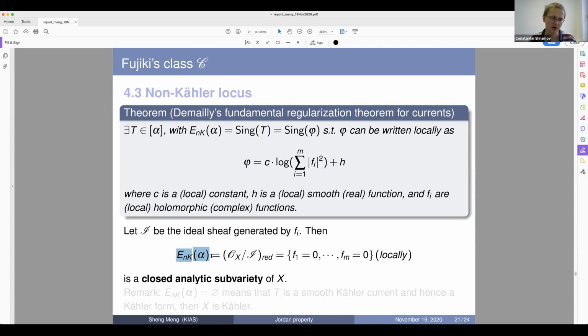Can it, in fact, be non-reduced? I mean, are there other examples of non-reduced behavior here?